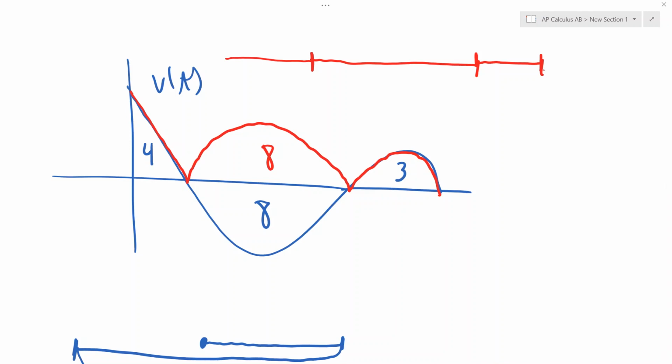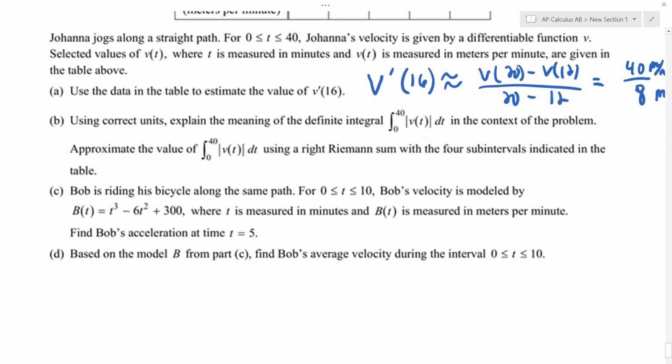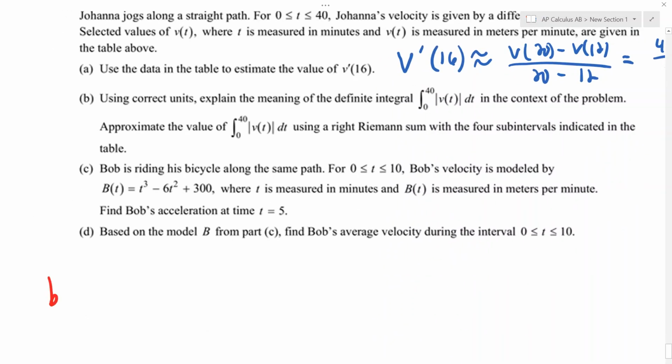That's the difference. So when they ask you to explain what that means in the context of this problem, you've got to put it in context. You can't just give it like a cookie cutter definition, right? You've got to put it in context of the situation they're talking about. Okay? So I'm going to write it down here.